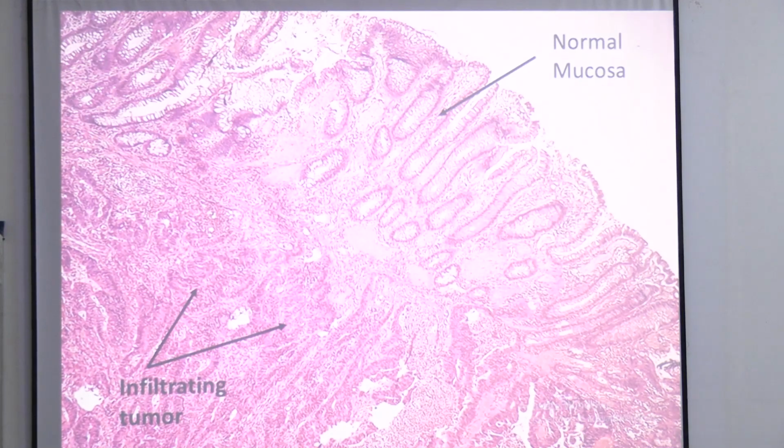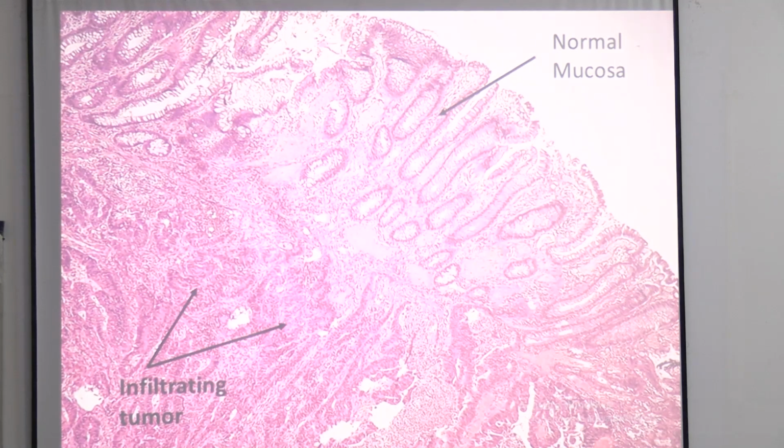See, this is the normal colonic mucosa. These are absolutely normal mucosa, but here what you can see, there is crowding of the glands and there is prominent nucleus and nucleoli, you can see it better under the microscope.